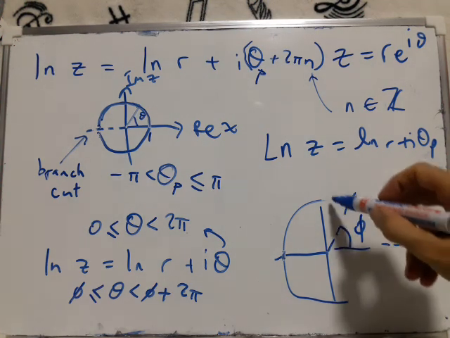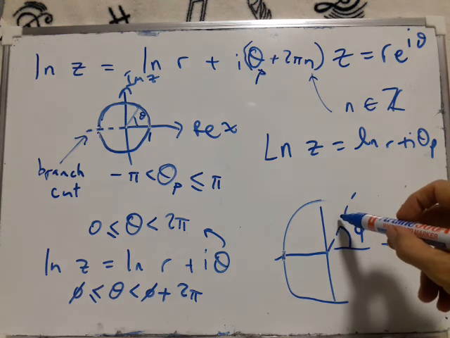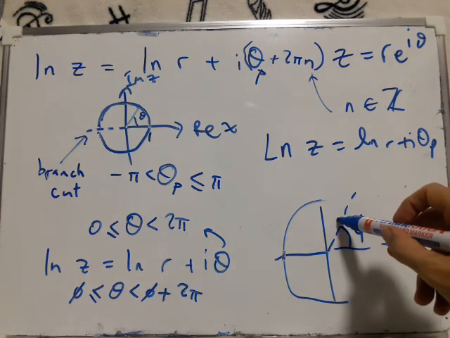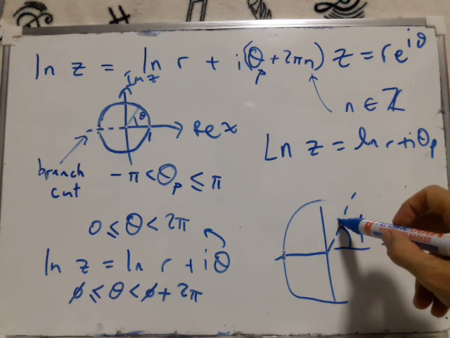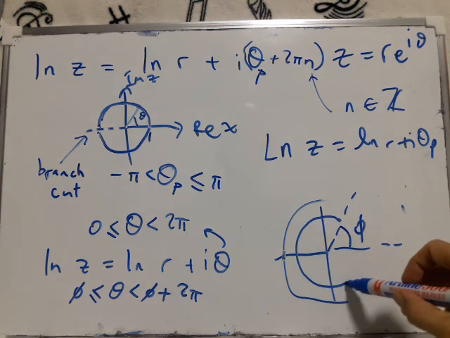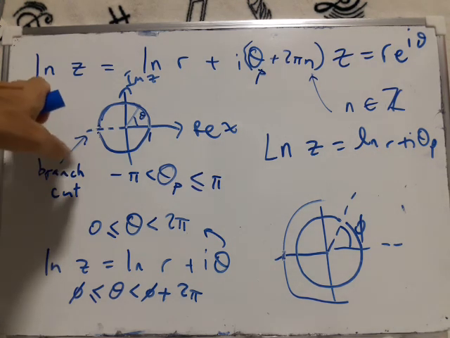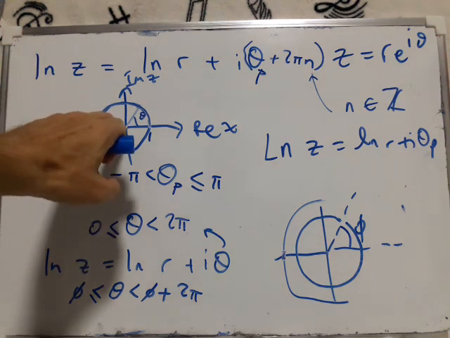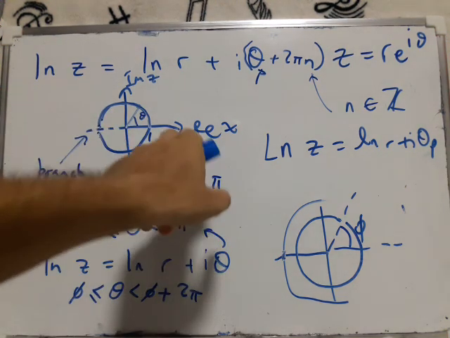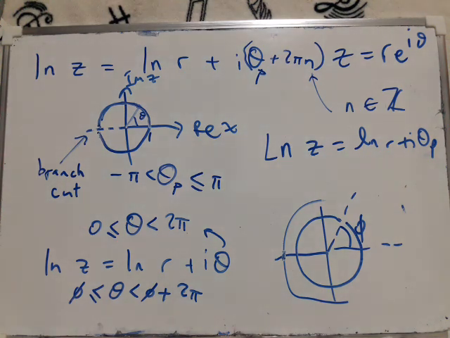So now I just say that, okay, the theta has to lie between phi and any angle up to phi plus 2 pi. This is not terribly useful. Normally people choose to make the branch cut for log z either along theta equals pi or along theta equals 0.